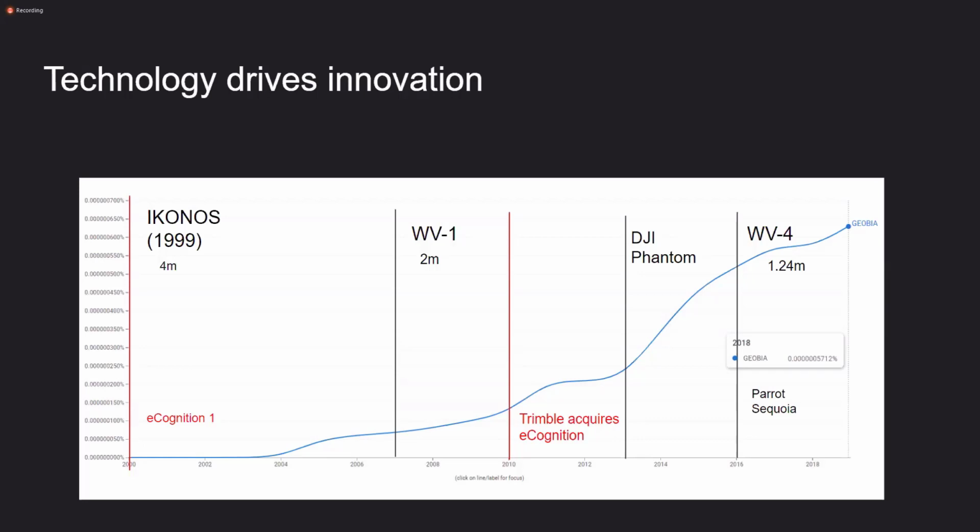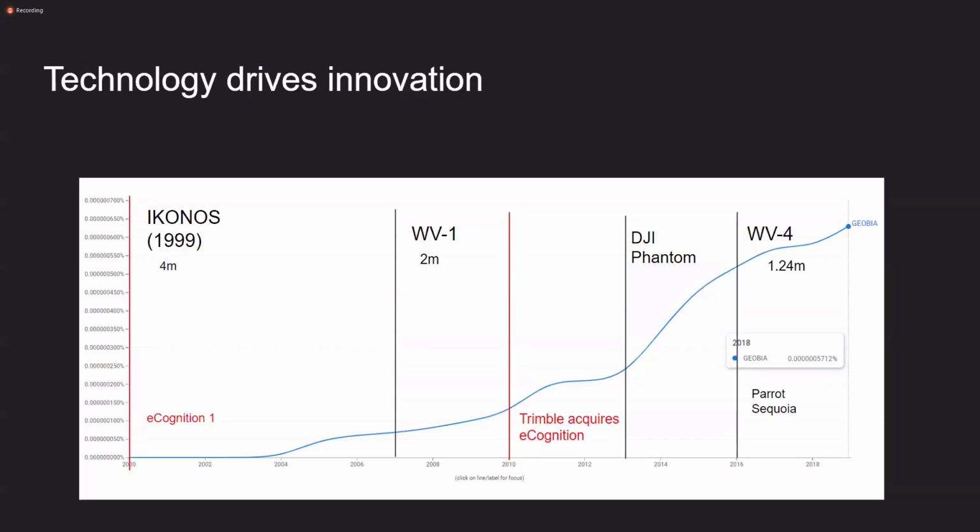In 1999, the IKONOS satellite was launched. It created a great stir within the Earth observation community because it's a 4-meter multispectral and a 1-meter panchromatic sensor. And it really opened up the possibilities for high-resolution remote sensing and object detection, object-based image analysis.